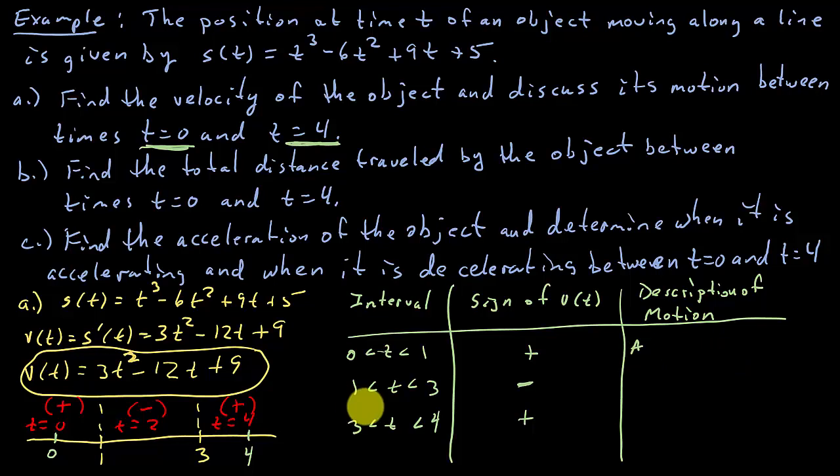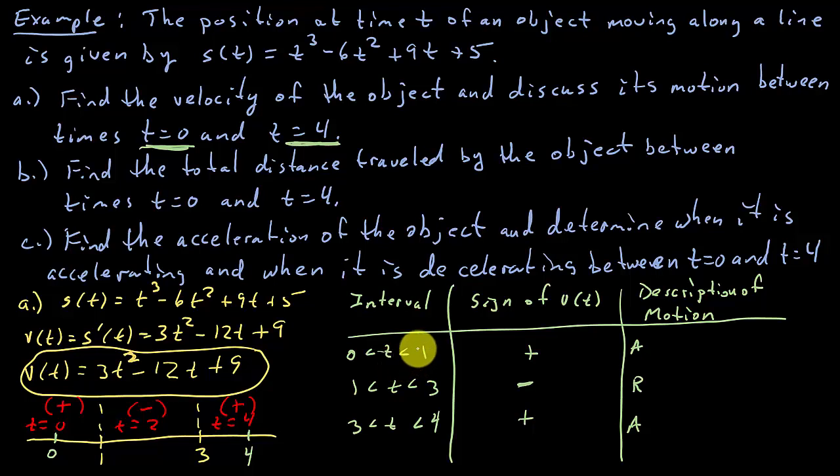And from 1 to 3, since it's negative, that means it retreats. And then from 3 to 4, it advances. So when does it advance? It advances from 0 to 1, right? From 0 to 1.